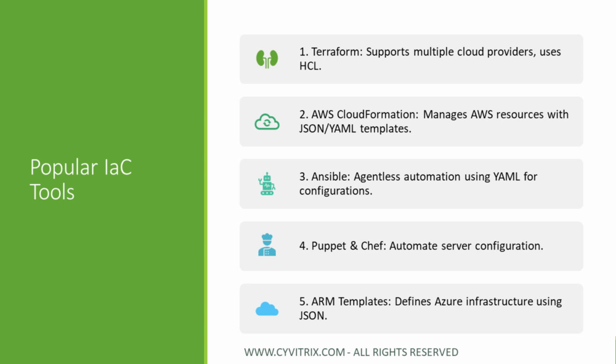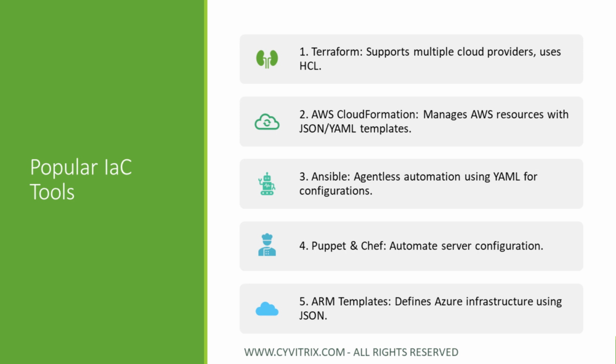Ansible is an open-source automation tool that focuses on simplicity and agentless infrastructure management, using YAML for configuration. Puppet and Chef are also popular options for automating server configuration and management, each offering different approaches to writing infrastructure code. Lastly, Azure Resource Manager, ARM templates, are used to define and manage infrastructure on Microsoft Azure using JSON templates.